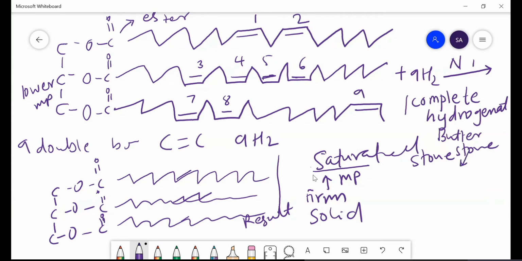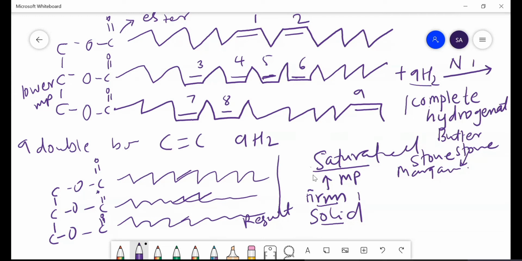Ultimately you have to keep it outside and allow it to melt. It has become a very solid, like margarine. What you have done, a polyunsaturated triacyl glycerol when subjected to complete hydrogenation has become very firm, solid, hard, and very difficult to use. So now the industry has decided, oh, this is a very solid mass that I have got, and I'm not able to use it very effectively.